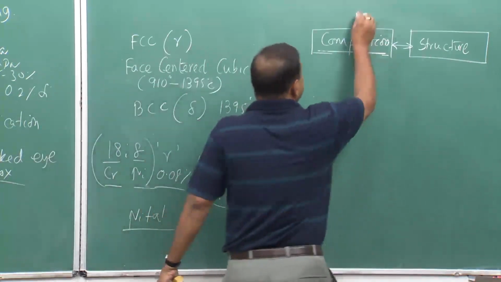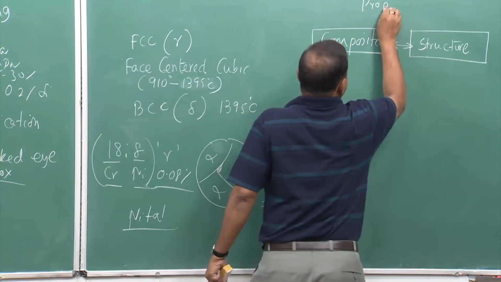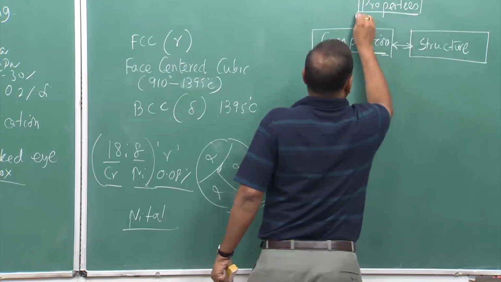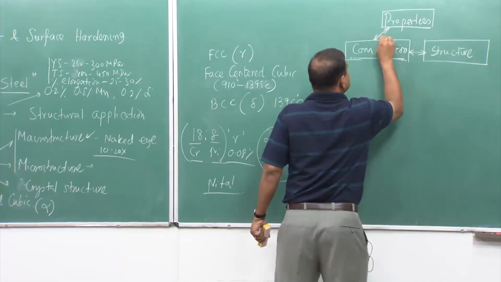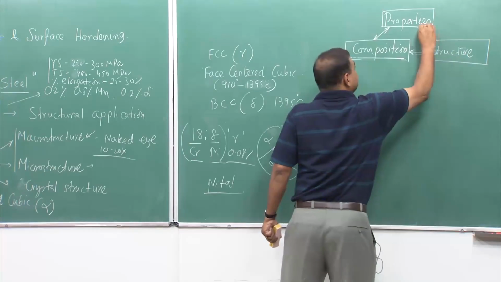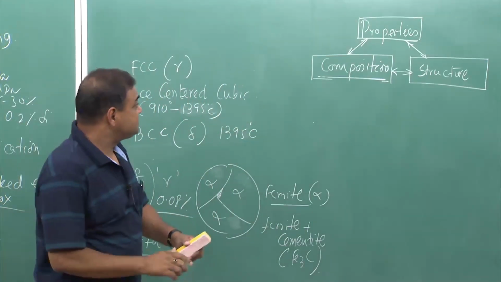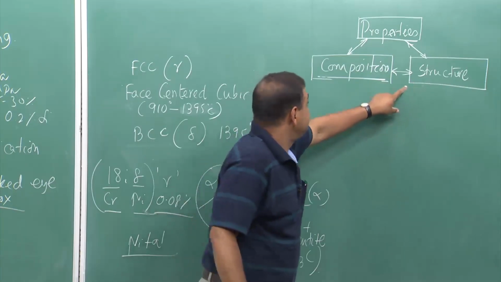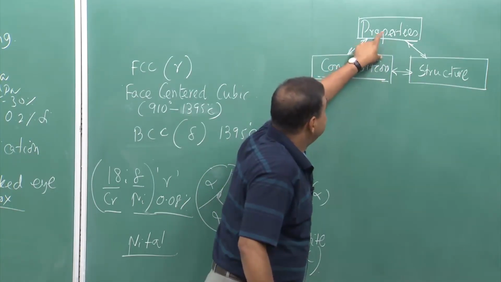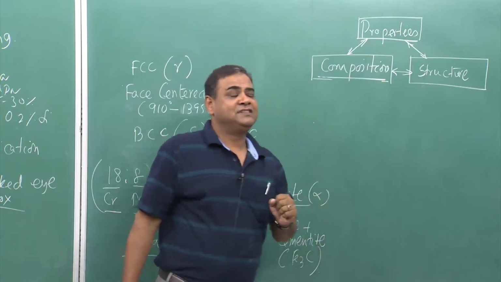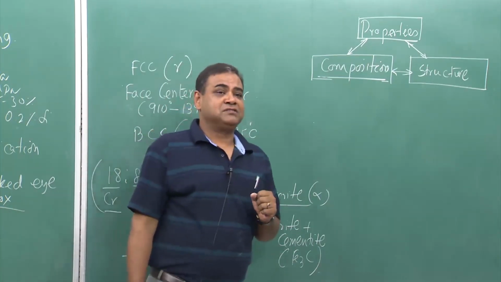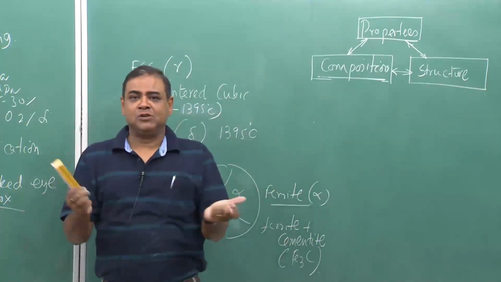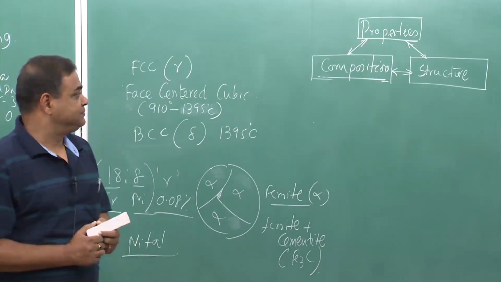So, if we see properties, you see this is interrelated, this is interrelated. Interestingly, composition and structure are interrelated, composition and properties are interrelated, and structure and properties are also interrelated. So, all three are absolutely bonded together.